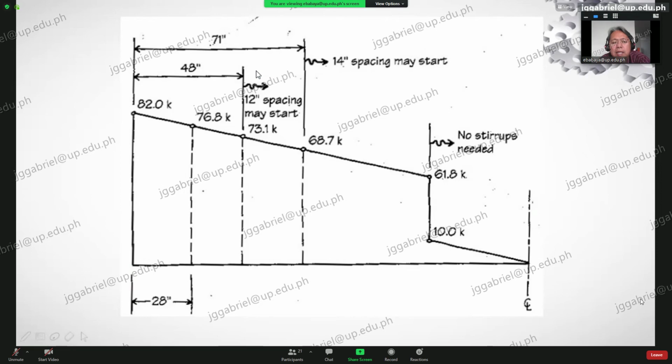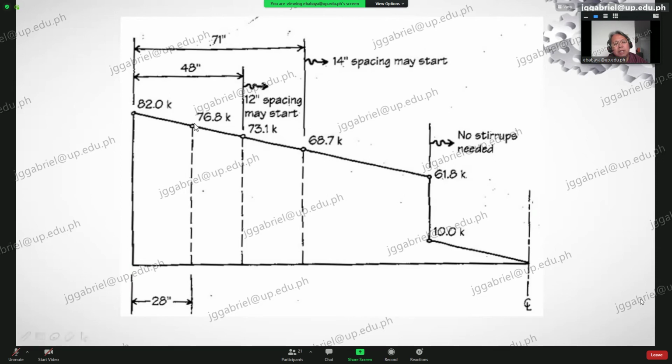Okay, now why do we care to use 12 inches? But hindi na lang 10 inches? Bakit? Anyone? Do you have any answer for that? May 10 inches tayo dito, di ba?